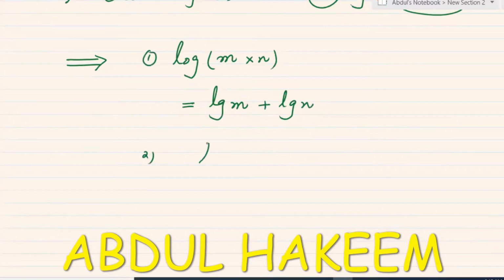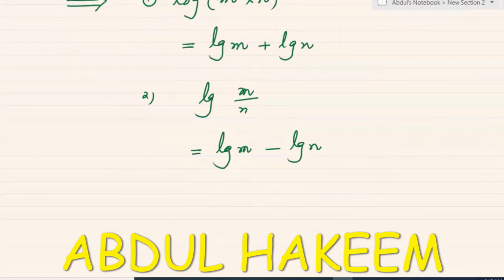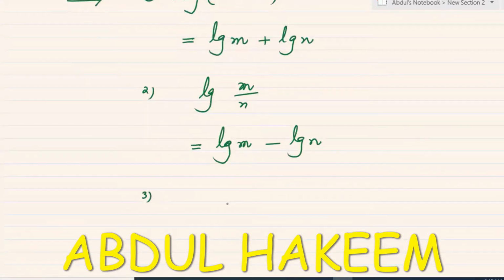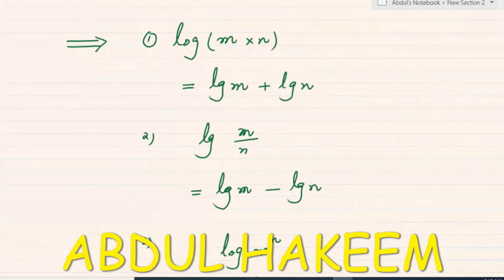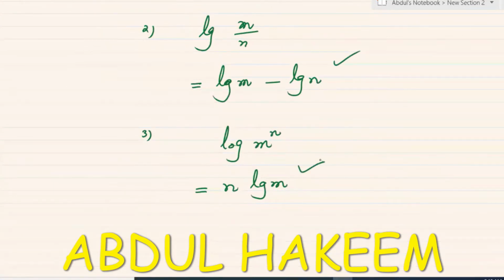Number 2, log of m over n can be written as log m minus log n. And number 3, log of m power n can be written as n times log m. We have to remember these 3 formulas before starting this paper.